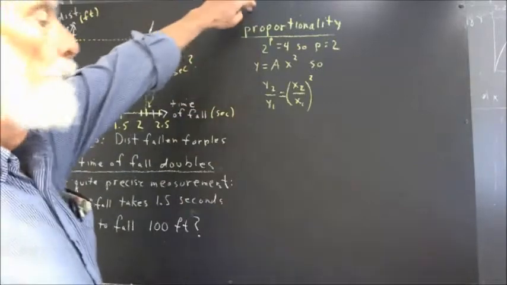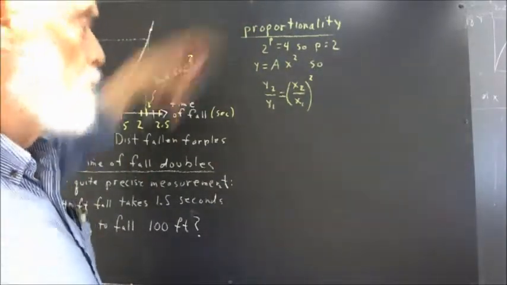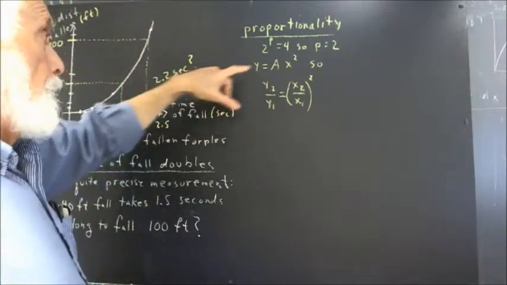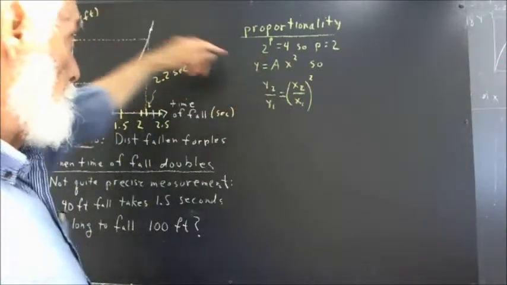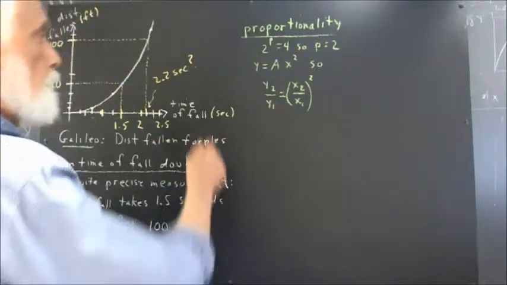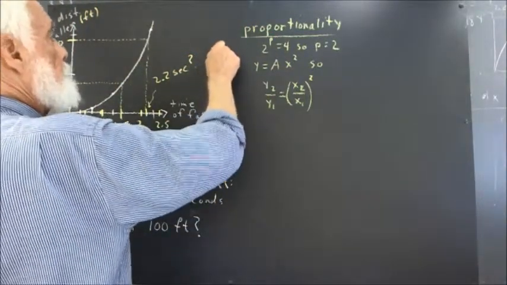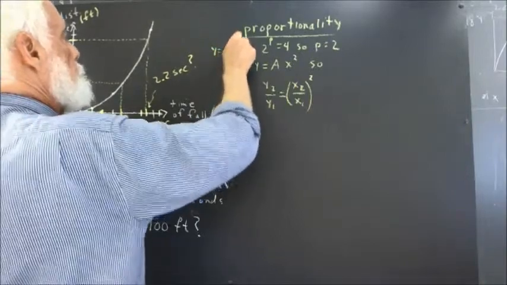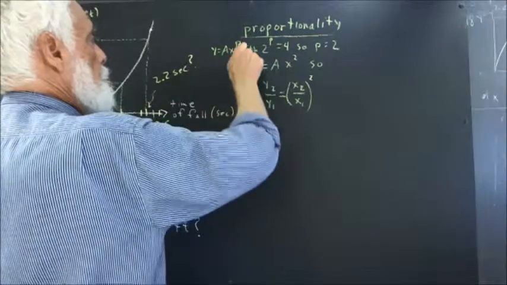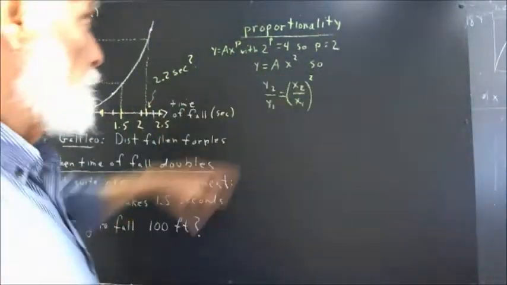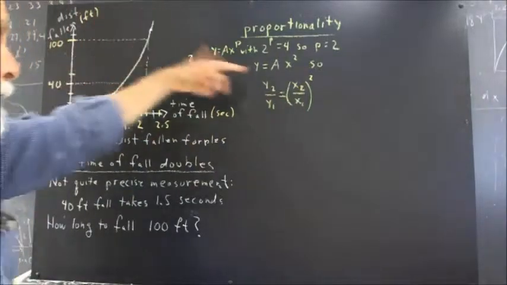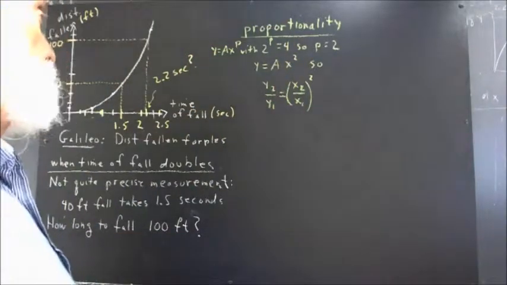Okay, now our proportionality. One way to express our proportionality is using the fact that this is a forpling graph, so that 2 to the p equals 4. In other words, this is y equals ax to the p, this graph, with 2 to the p equals 4, so this is y equals ax squared, where a is a proportionality constant.